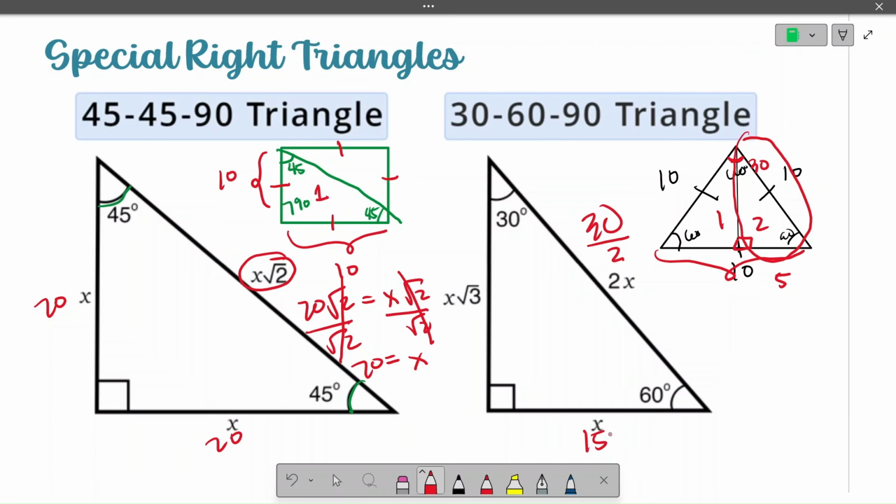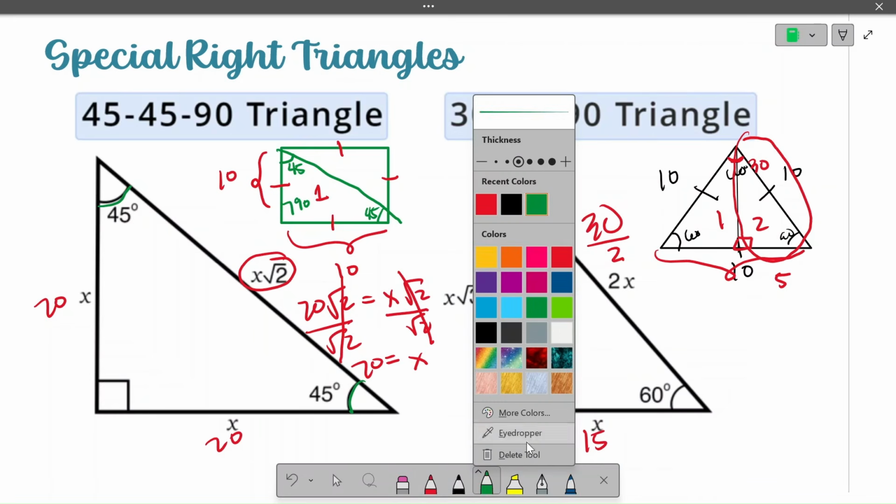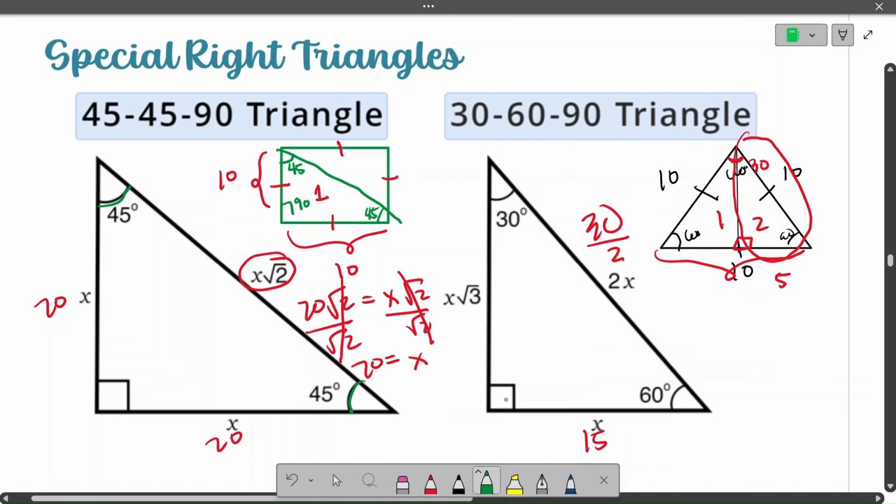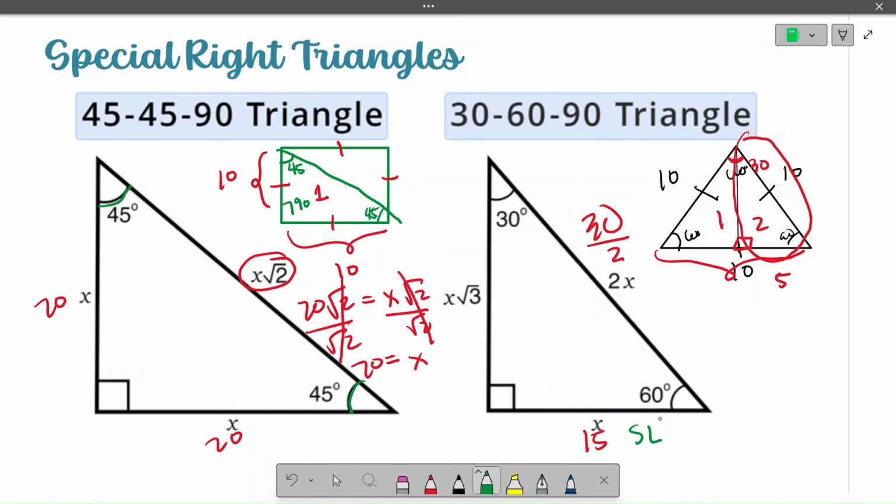But how would you know if this is the base? Kasi may isa pa tayong side dito. You would know that this is the base because the base will always be the shorter leg. Shorter leg will always be facing the smaller angle.